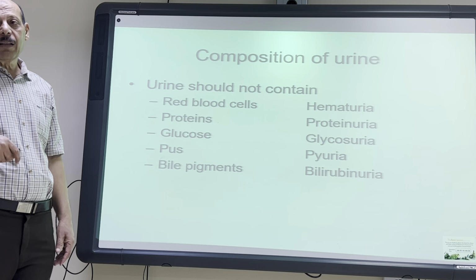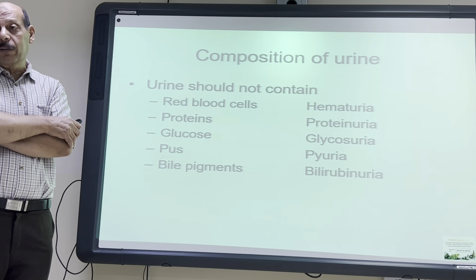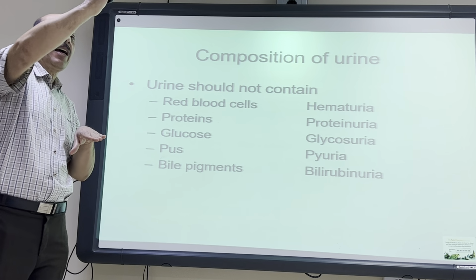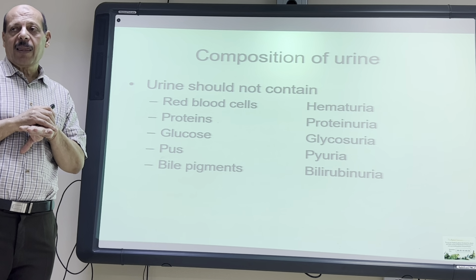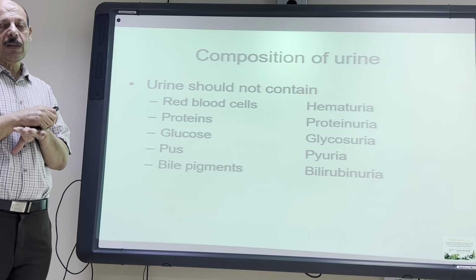But if the diabetes is uncontrolled, it means that it will reach over the renal threshold, the renal tolerance, the glomerular tolerance of glucose.